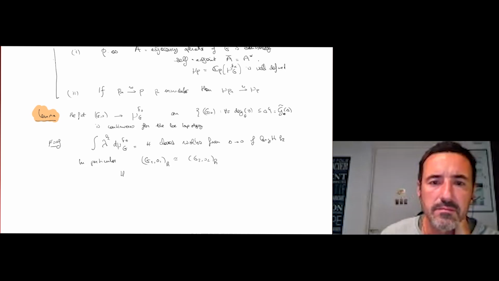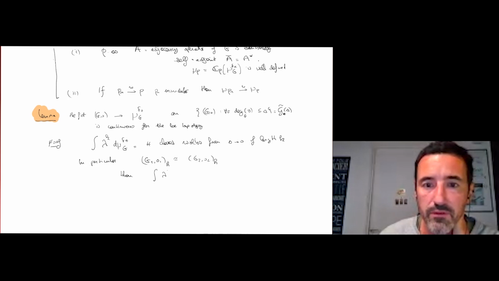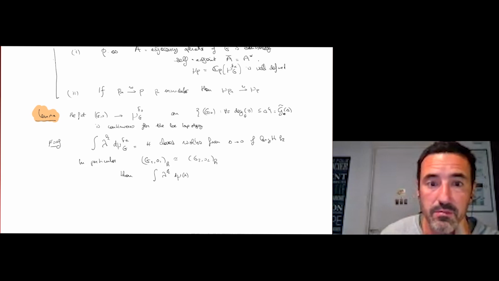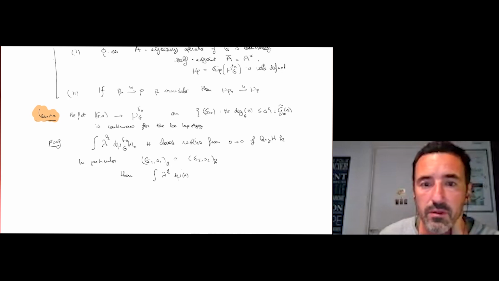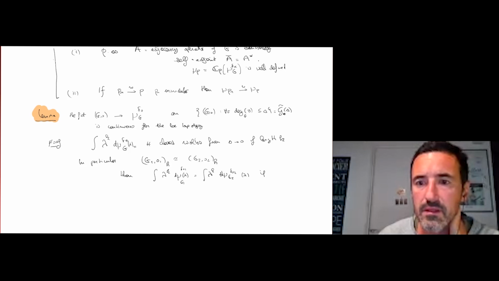then these moments, the number of walks, will be exactly equal as soon as k is less than 2h.